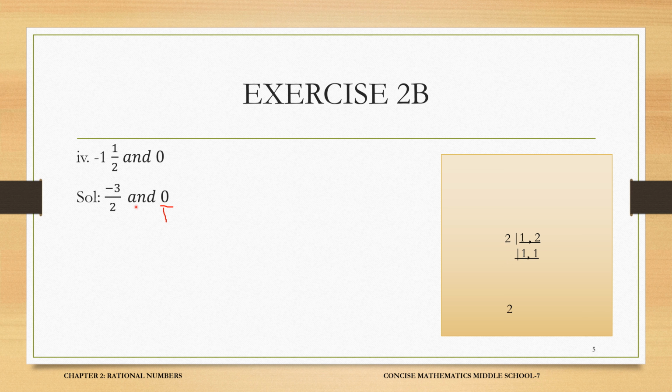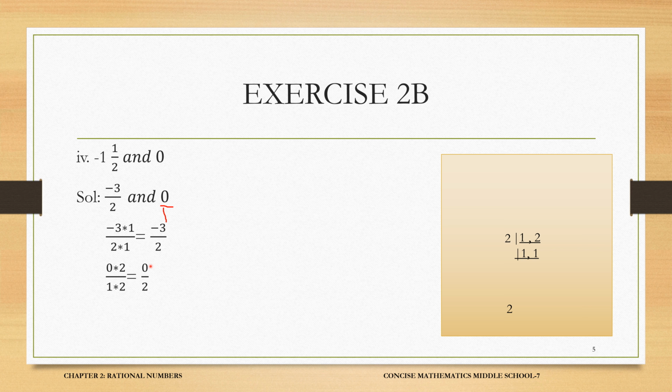So for this minus 3 by 2, the denominator is already 2, so just multiply it with 1. Plus into minus is minus 3 by 2. And here 0 by 1: to make the denominator 2, you have to multiply it with 2. 0 into 2 is 0, 1 twos are 2.